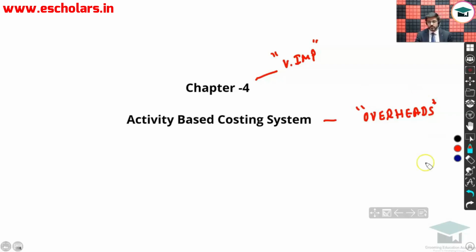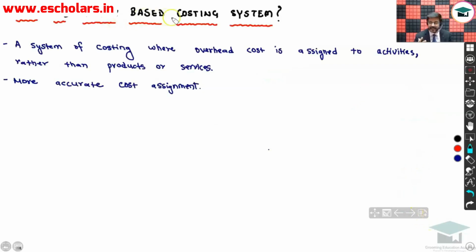So what is the activity based costing system? It is a system of costing where overhead cost is assigned to activities rather than products or service.